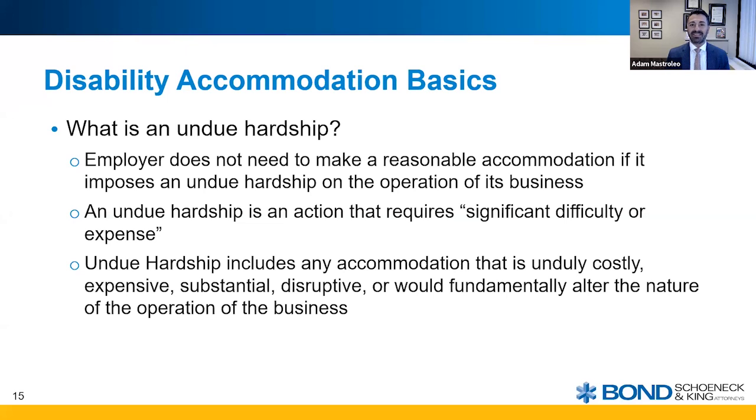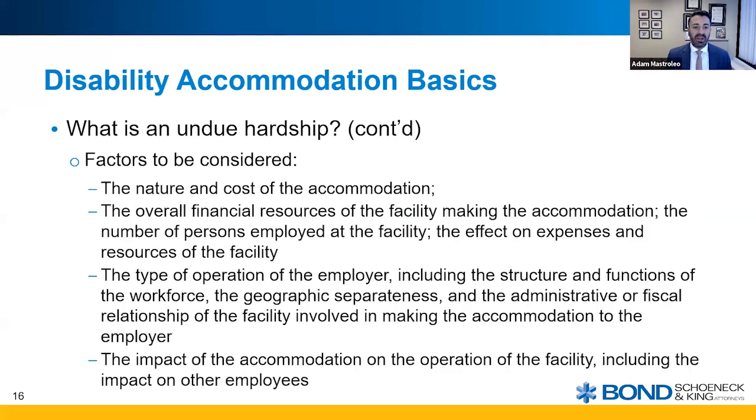As with many things that lawyers do, we use words that don't necessarily have the same meaning to everyone. So what is a significant difficulty or an expense? What is unduly costly? I will tell you that there is no clear 100% answer to those questions, but we get some clues from cases where courts give us some information.